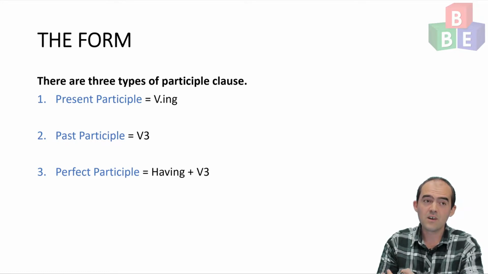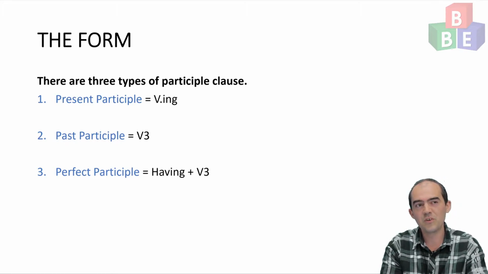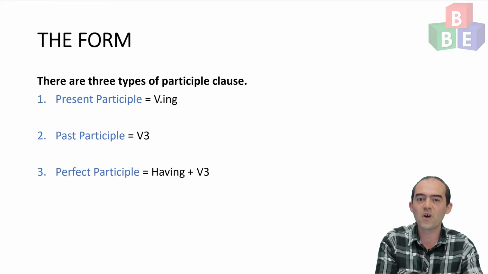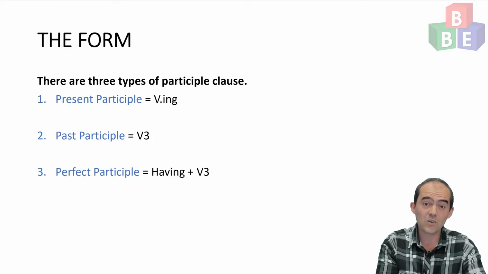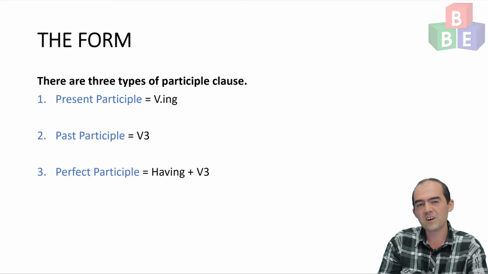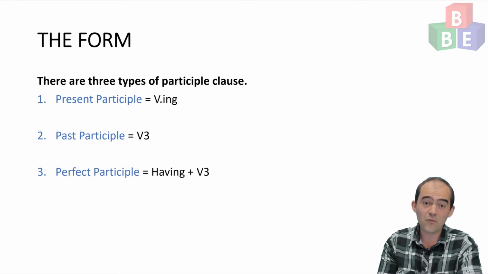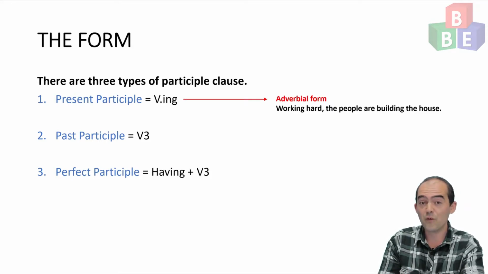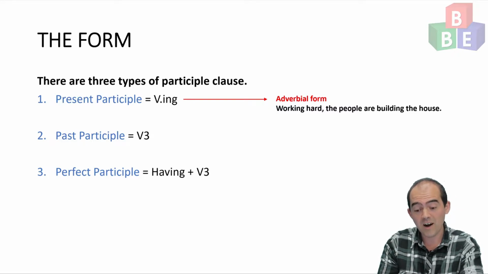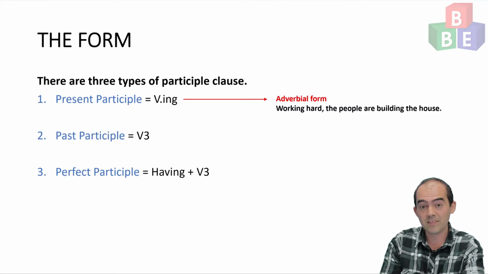All of these can form participle clauses, which are clauses we use to describe the subject of the main clause. So in this way, they function like a long adverb or a long adjective. For that reason, we have two types of participle clause. Adverbial participle clauses, like this one, working hard, the people are building the house.